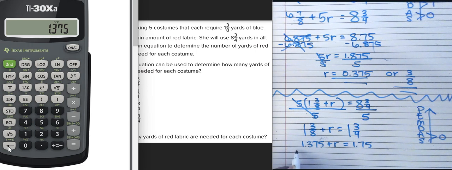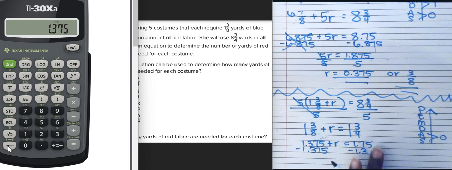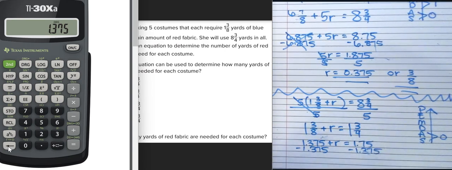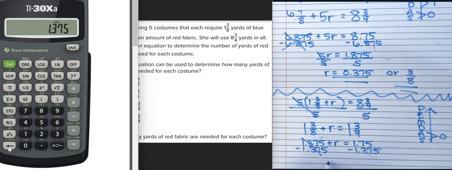So this is a positive 1.375. I'm going to subtract that out. So 1.375 from both sides, minus 1.375. All right. So what we're left with is r is going to be equal to 0.375. So same answer we got before.